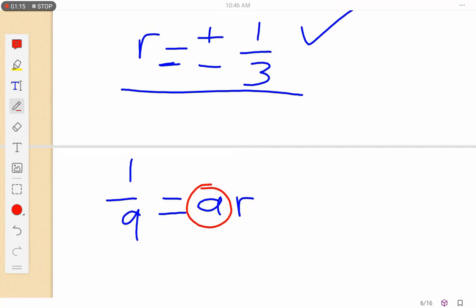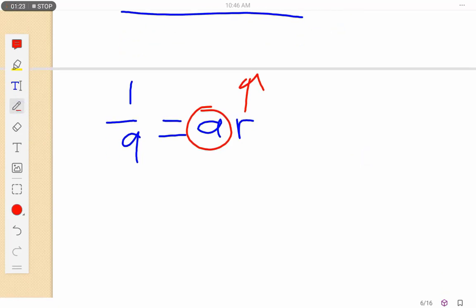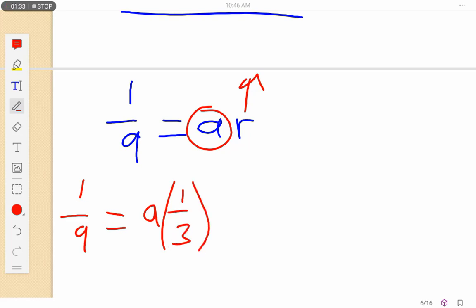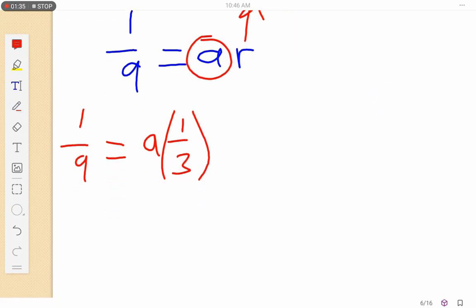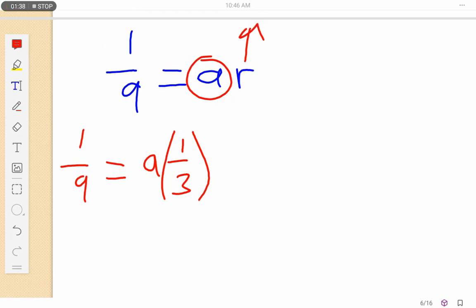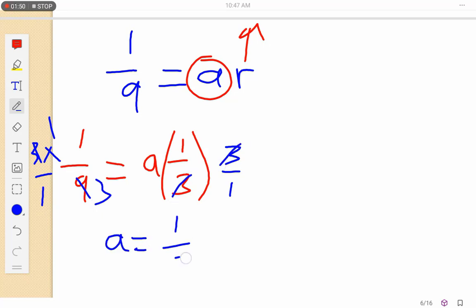If we substitute r is equal to 1 over 3, we get 1 over 9 is equal to a times 1 over 3. We multiply both sides by 3 over 1, and we get a is 1 over 3.